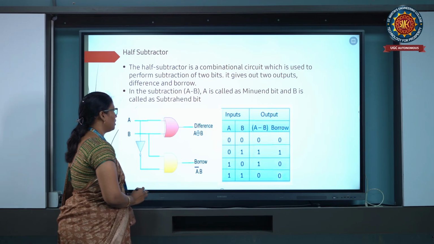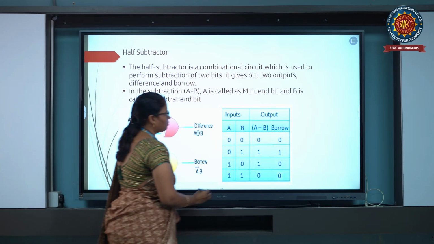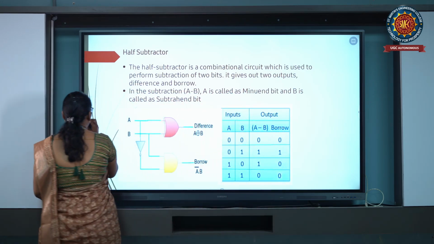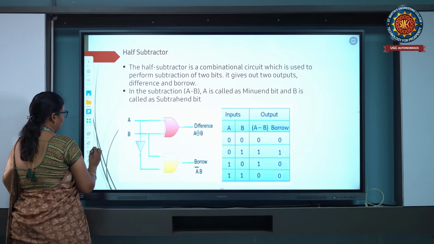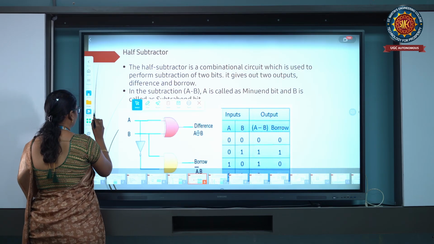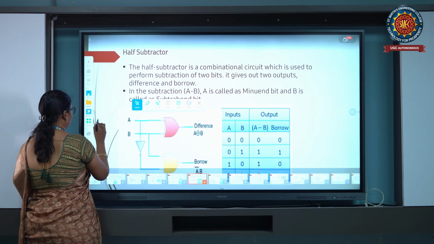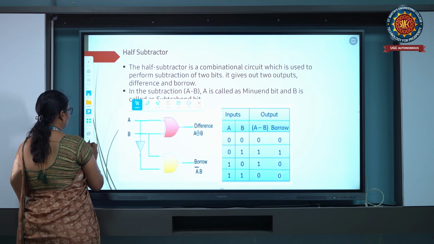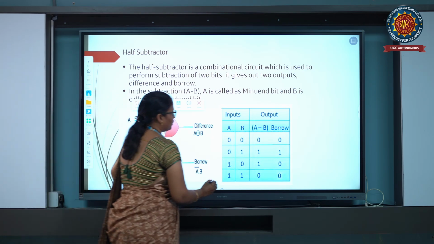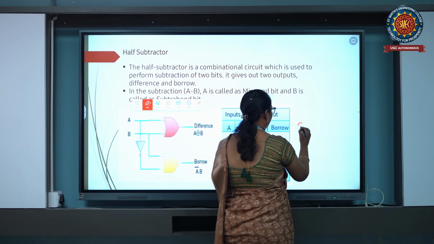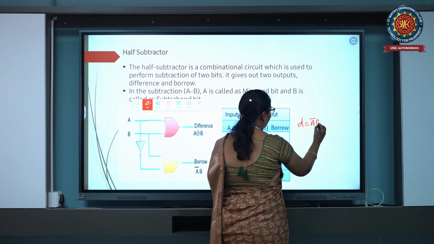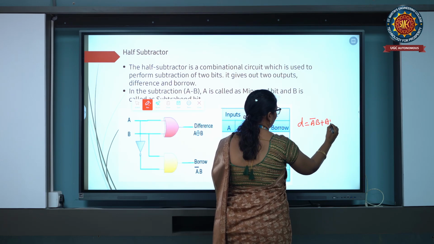From this we can write the expressions for difference and borrow. If we consider the expression for difference, the expression we got is A bar B plus A B bar.